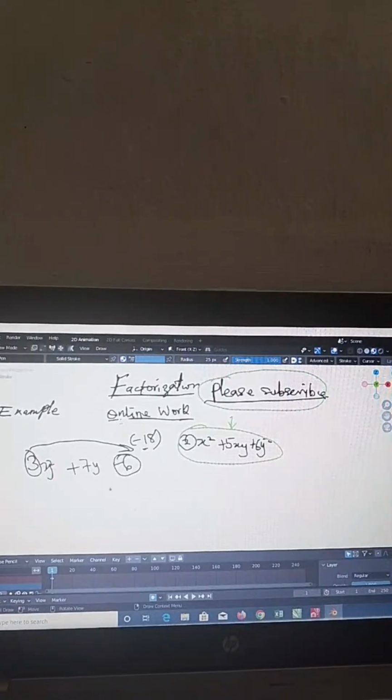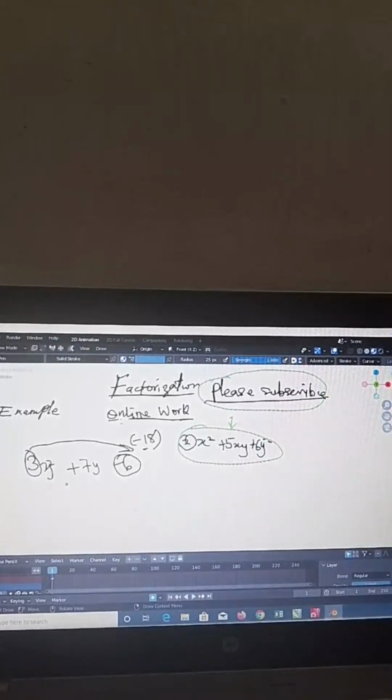Note that you do not use it to replace it. You are not replacing that minus 6. That minus 6 will still be there, but I just use the coefficient of y squared to multiply minus 6, so that whatever factor we want to look at will be able to align with the minus 18. So two numbers, when you add them you get 7, and when you multiply them you get minus 18.